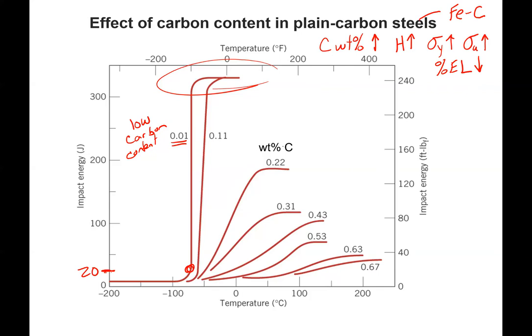But now notice as we start adding more and more carbon, we get to the point at 0.6 weight percent carbon where even our maximum impact energy is very low. So this is a high strength steel with a high carbon content.